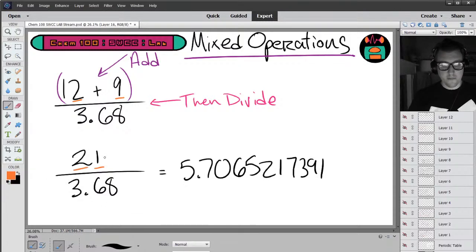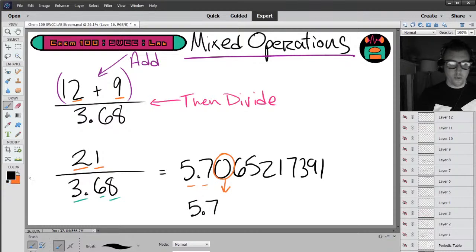Our numerator has 2 significant digits. Our denominator has 3. When you divide, your answer must have the same number of significant digits as the number you used with fewer. 21 only has 2 significant digits, so my answer can only have 2. 0 rounds down, so my answer is 5.7.